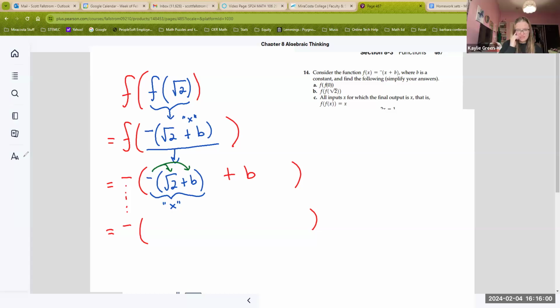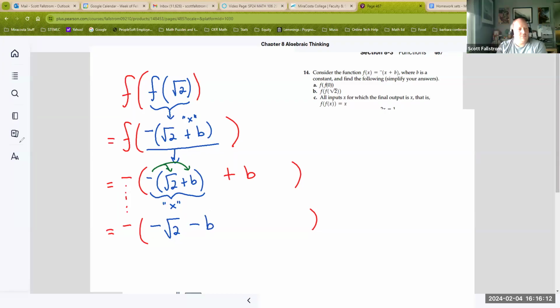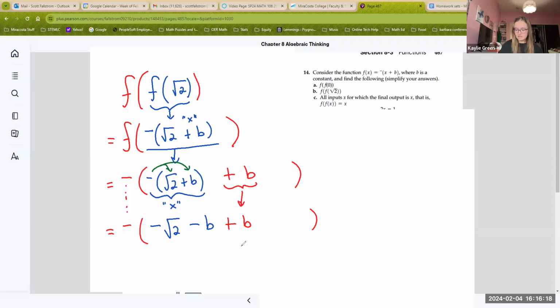So it would be negative square root of 2 minus b, and then plus b.